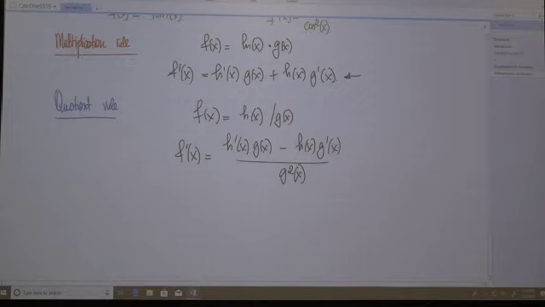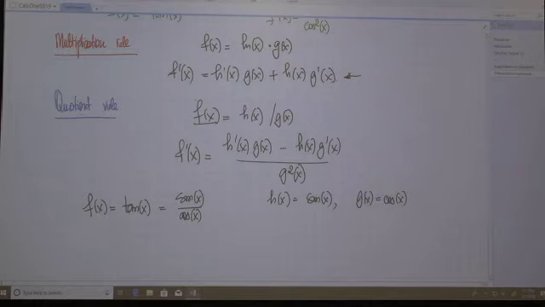So let's say our f of x is equal to the tangent of x, which can be written as the ratio of the sine to the cosine. Is it similar somehow to this function? So h of x will be equal to sine of x, and g of x will be equal to cosine of x.